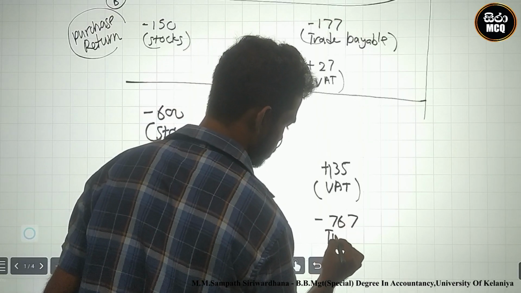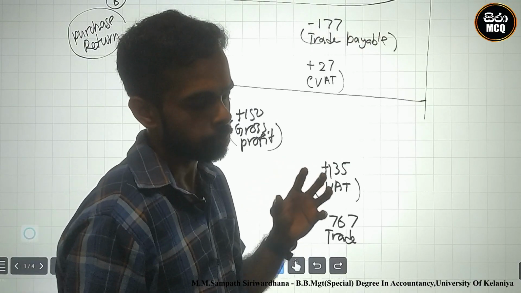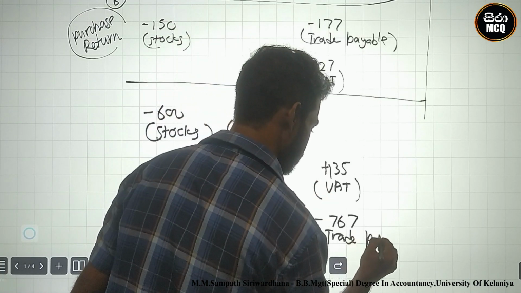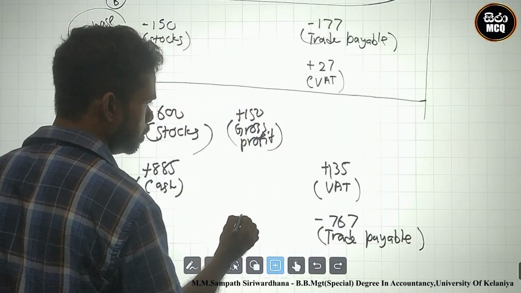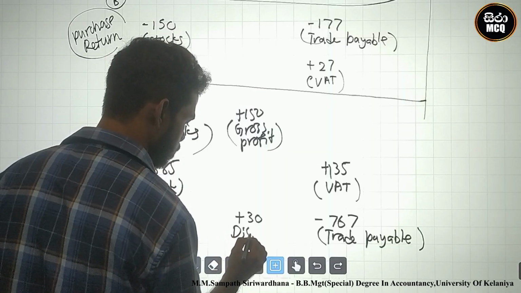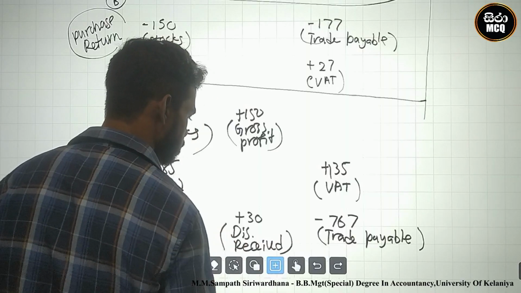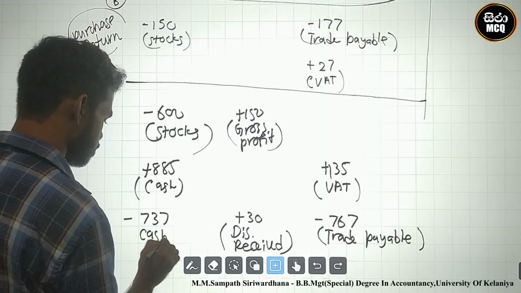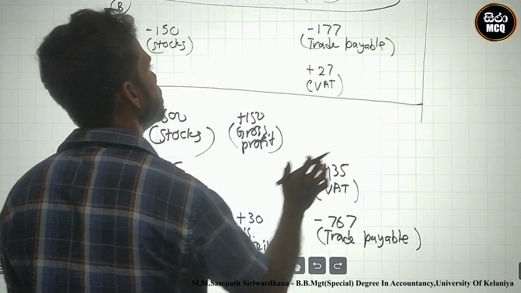There is no VAT impact on cash payment to trade payable. Discount received impacts equity: plus 30, discount received. Cash paid amount is deducted from cash asset. This is the total impact on the equation.